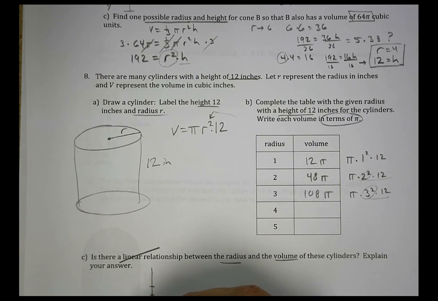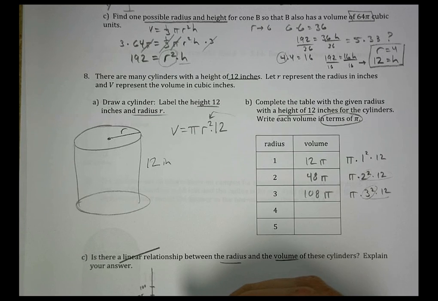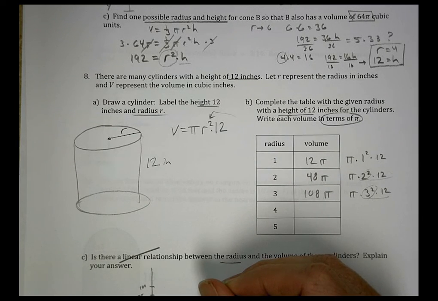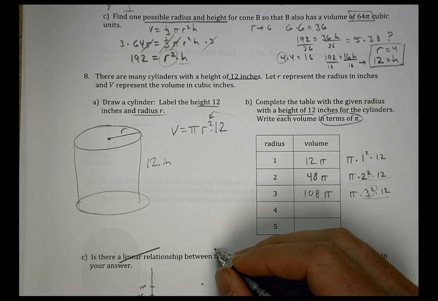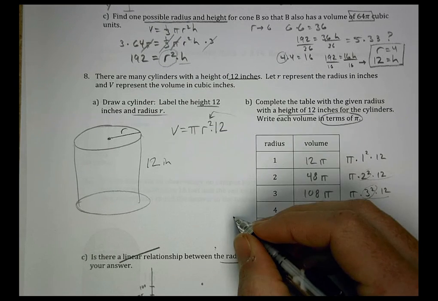Okay, and that's just with 4 values. You're going to have more because you did 2 more. When the radius was 1, the volume was about here. When there was 2, we were about here, and 3, we were about here. So it's hard to tell because I only have 3 values. When you continue with 4, 4 is going to be up here, and 5 would be up here.